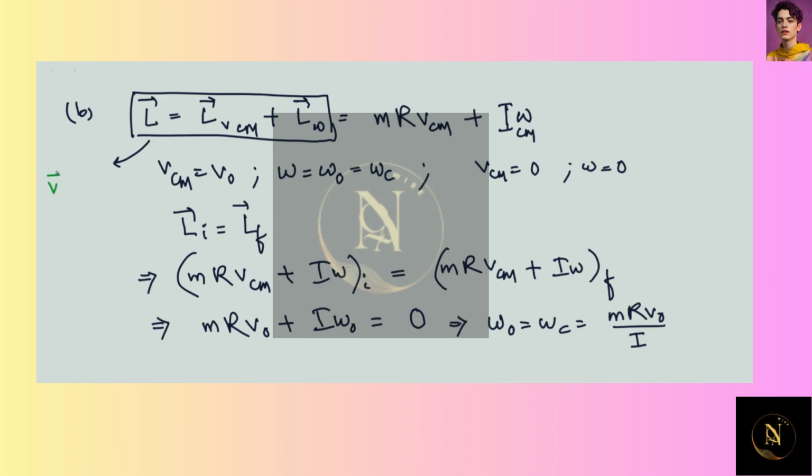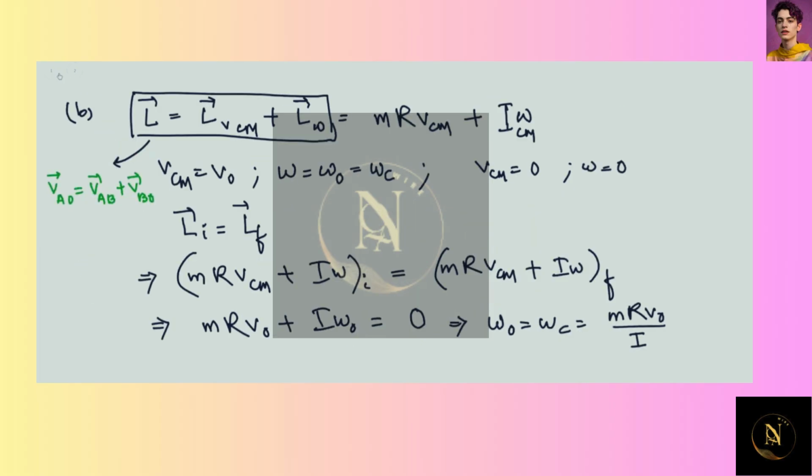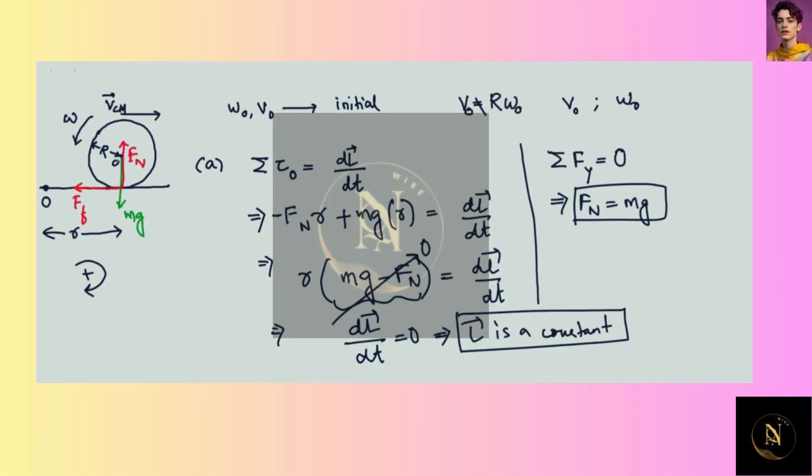According to relative velocity addition, velocity of A with respect to O can be written as velocity of A with respect to B plus velocity of B with respect to O. Now, considering this is your point O and this is B, and let's say this is A.